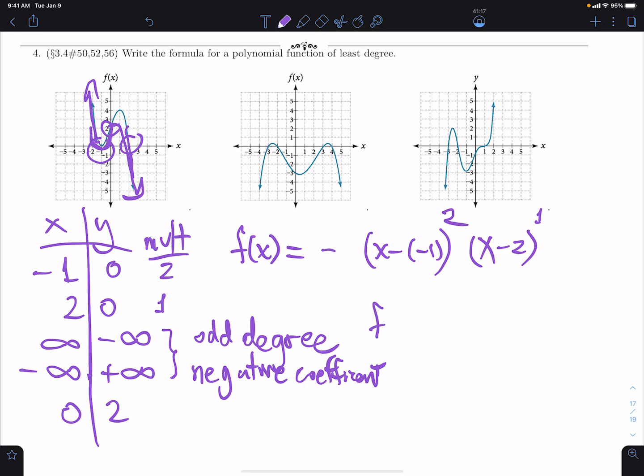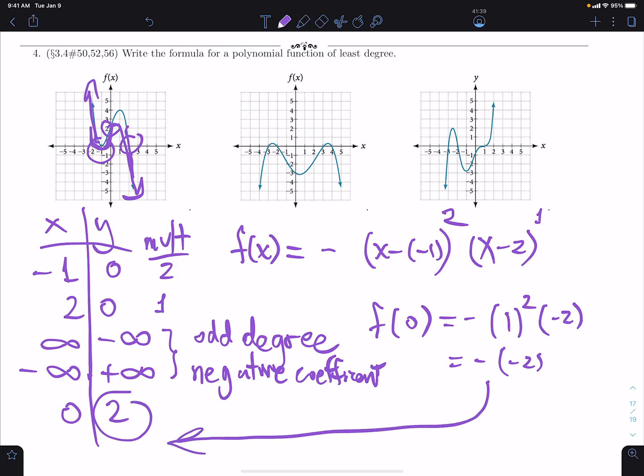And let's just check if x is 0, I'll have something negative times 0 minus -1 is 1 squared times -2. And just with a coefficient of -1, I'll have -2 times negative, and I need to get a 2, so I'm already set with a coefficient of -1.